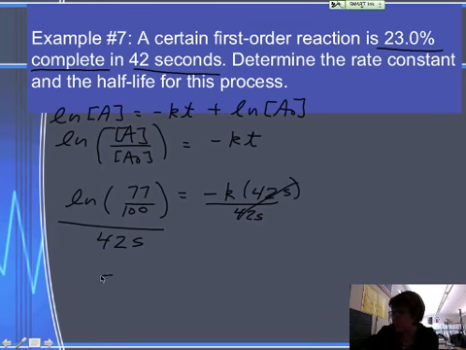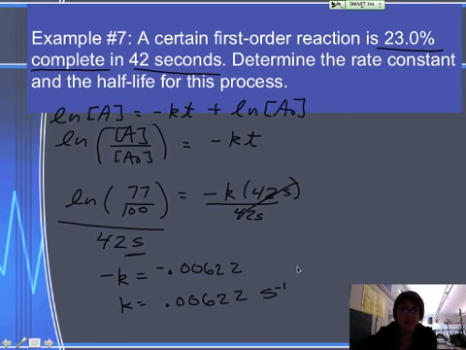So I'm going to get negative k is, get your calculators and apply this math. Negative k is equal to negative 0.00622, and so k is just 0.00622 per second, because our time was in units of seconds.